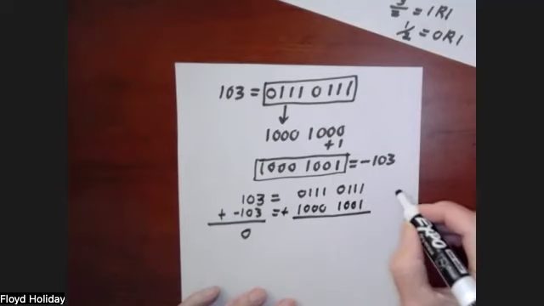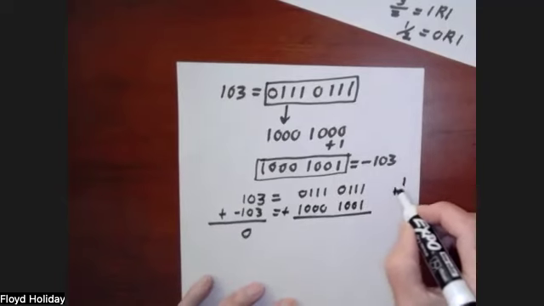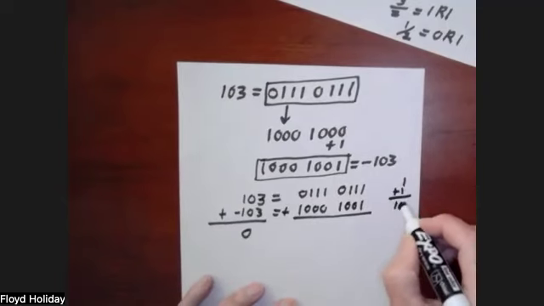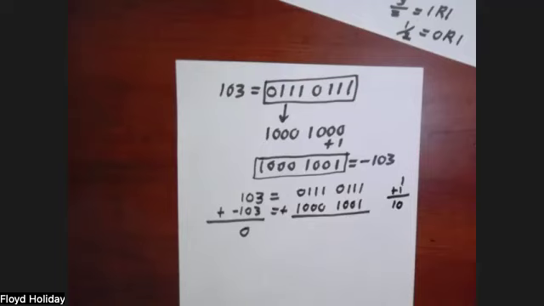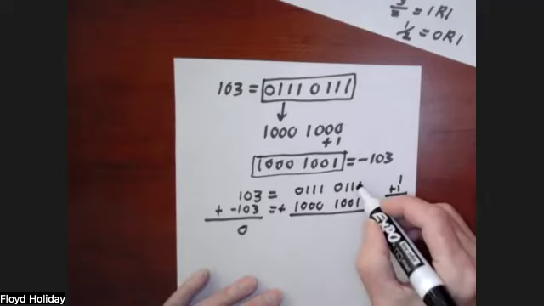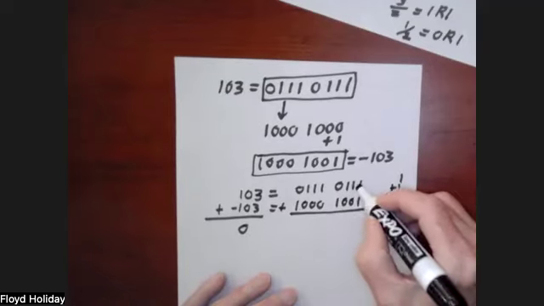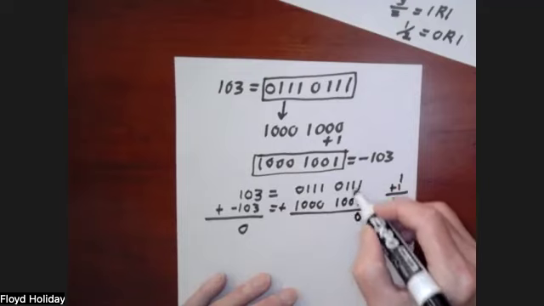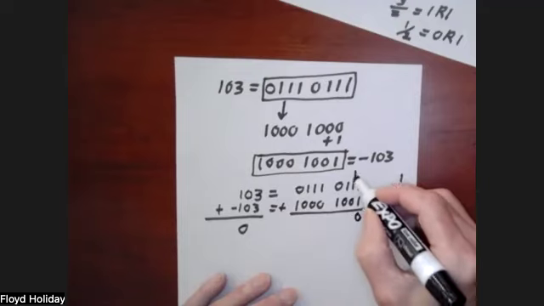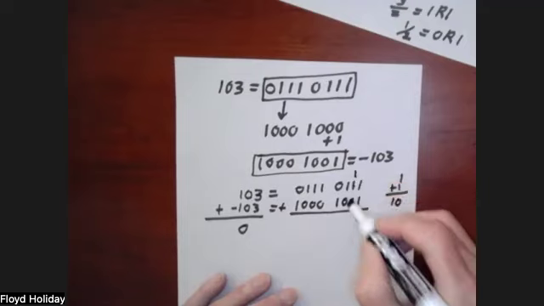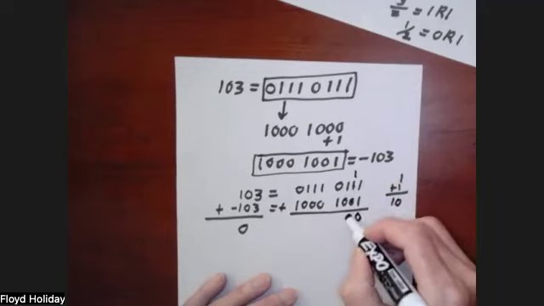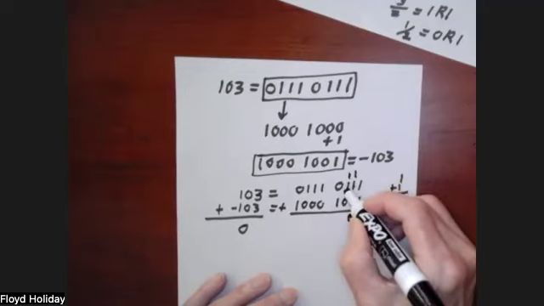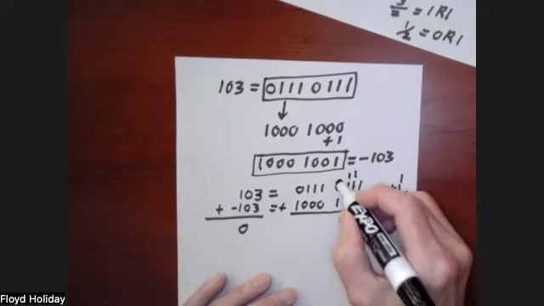Let's add these. You know how to add 1 plus 1. That adds up to 10 because we have no 2, so we have to go to the next digit higher. Little endian again. 1 plus 1 is 10, carry 1. 1 plus 1 plus 0 is 10, carry 1.